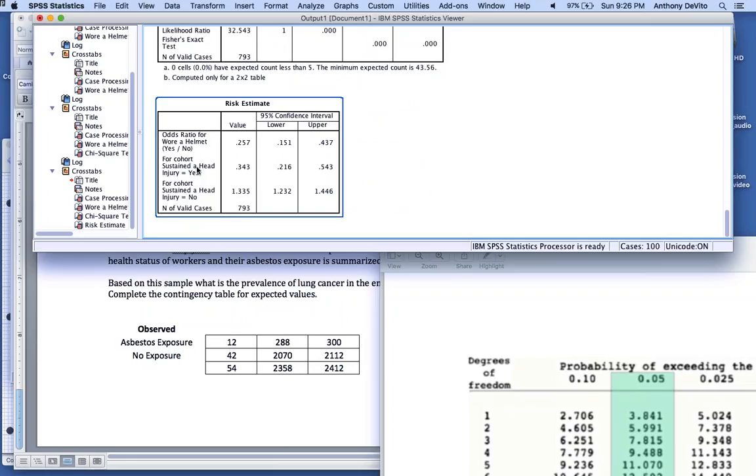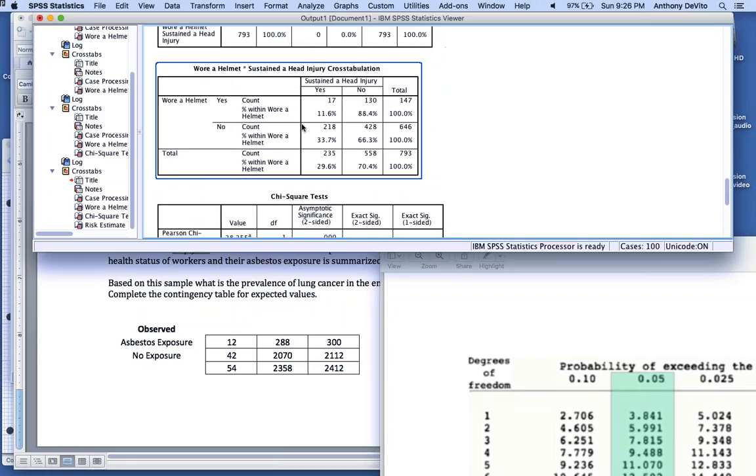Okay, so now on top of that, we have something else called odds ratio. And the odds is based on a different view of this data. In other words, the odds are based on whether or not a person sustained a head injury versus not sustaining a head injury. So the odds of a head injury is 17 to 130, or 17 over 130. That's the odds of sustaining a head injury if you wore a helmet.